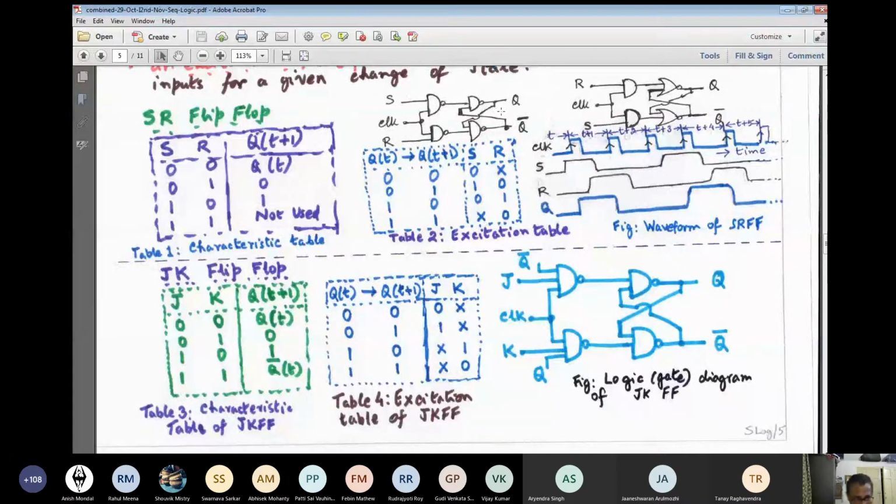When you want to have the JK flip-flop, an added feedback is required. This Q bar would be connected to S, and Q should be connected along with R. We rename S to J and rename R to K. See that this Q bar has come to be attached here. So instead of a 2-input NAND gate, this has become a 3-input NAND gate.